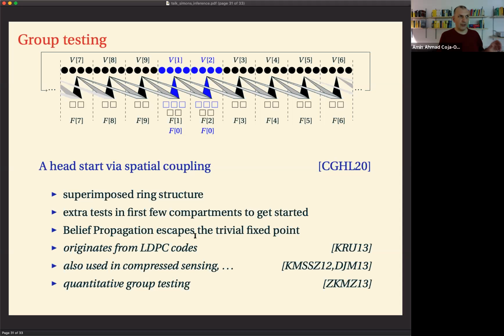This idea of spatial coupling has, of course, been used previously in other problems, like LDPC decoding or compressed sensing, or also a variant of compressed sensing called quantitative group testing.